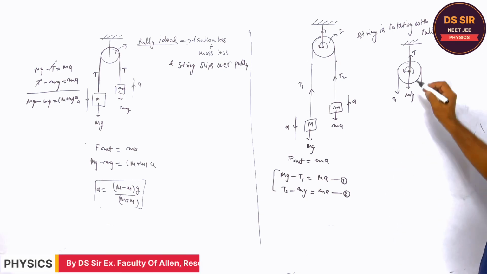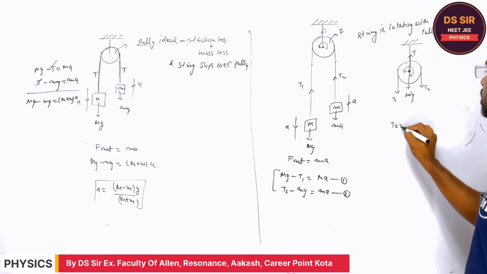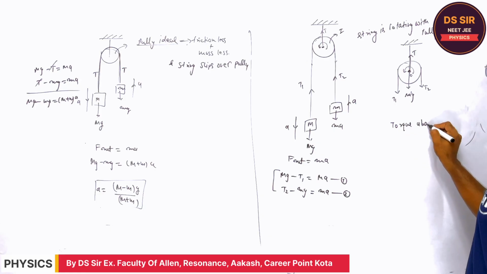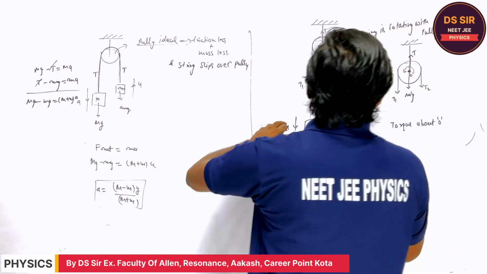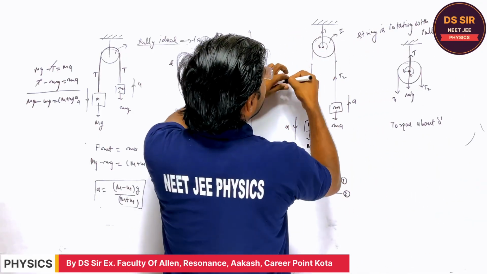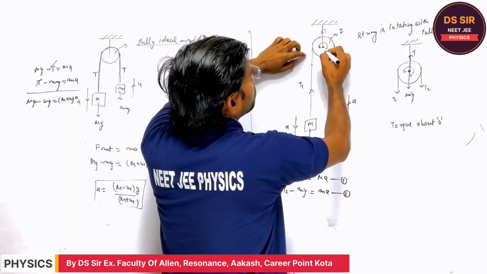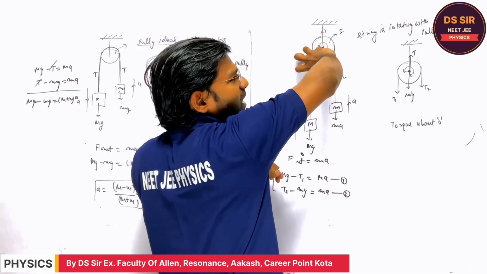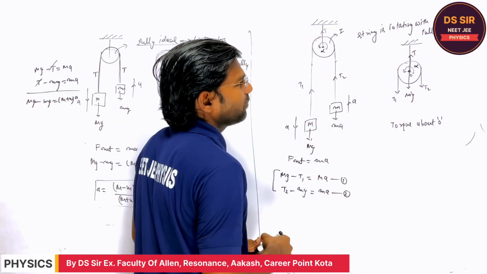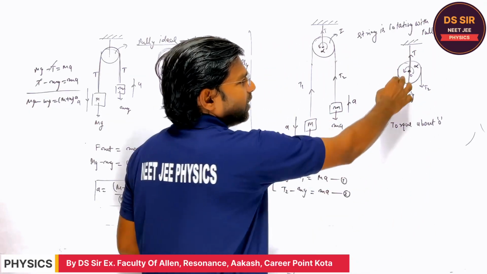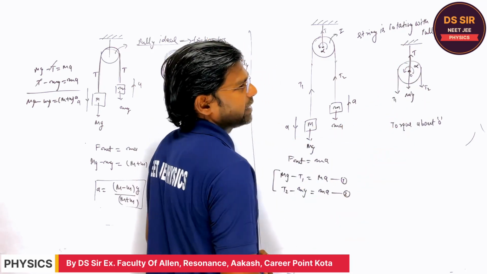Can you write the net torque about O? Listen, one thing: if this point has acceleration a, and there is a torque, then there will be some angular acceleration alpha of the pulley. So you have to find the torque about O and put it equal to I alpha.